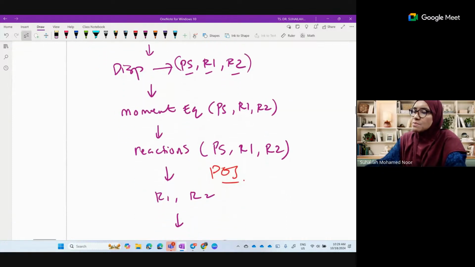We need reactions because we want to write the moment equation. To write the moment equation, we must have reactions first. Then only can we write the moment equation.